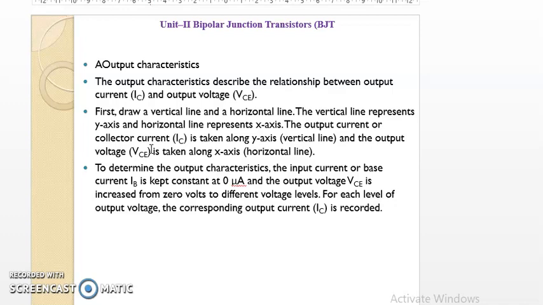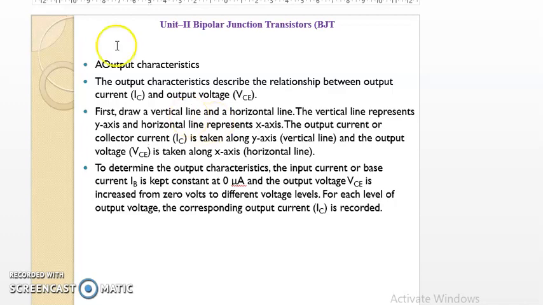To determine the output characteristics, the input current or base current IB is kept constant at 0 microampere. In the previous case, in input characteristics, what did we keep constant? Output voltage VCE was kept constant. Now here what do we have to vary and what to keep constant?